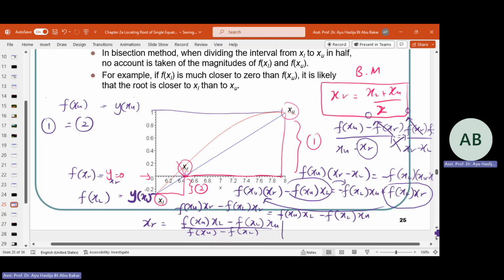So this is the false position method equation to find the XR. This equation will be given, no worries. Here, I want to show you how you can derive the equation.